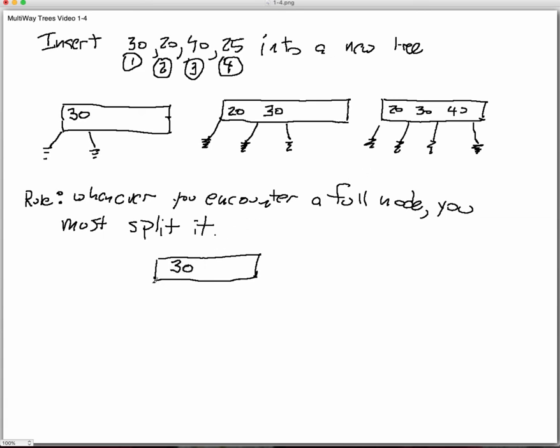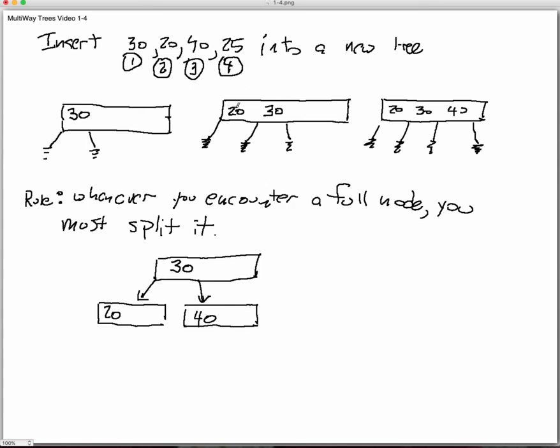And over here now, I've got 20, and over here, I now have 40. So the way that we split a full node is we take the middle value, we kick it upstairs into a new node, and then it has two children, just like this.